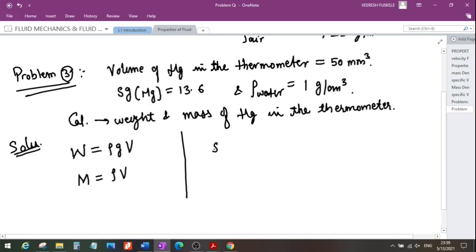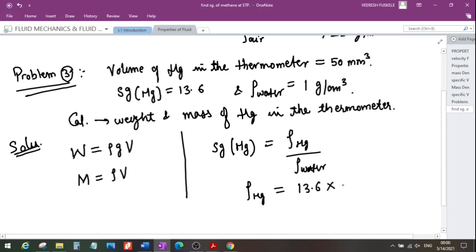Specific gravity of mercury will be equal to the density of mercury divided by density of water, right? So density of mercury will be equal to specific gravity, that means 13.6 into 1 gram per centimeter cube. So density of mercury will come out to be 13.6 gram per centimeter cube.